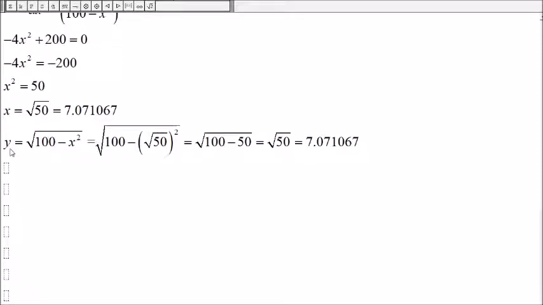And y is the square root of 100 minus x squared. In place of x, since x is the square root of 50, we get the square root of 50 squared, which is just 50. So we get 100 minus 50, which is 50. So y is also the square root of 50.